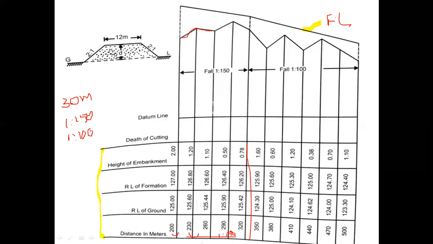These are the two gradients. So you find out the value 30 divided by 150.